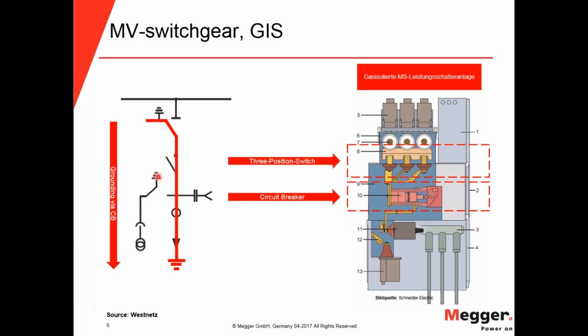This one is, as I said, only used to ground the voltage transformer. So the circuit breaker needs to be closed to ground here, and that makes it, of course, difficult to test. It's not only that it's sealed; you're also limited in what operations you can do.